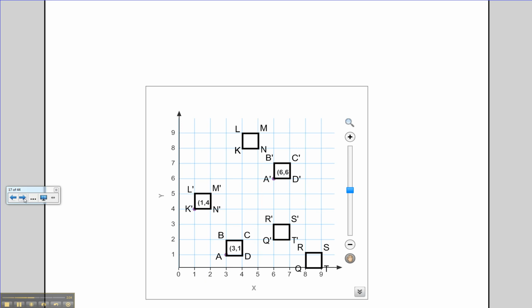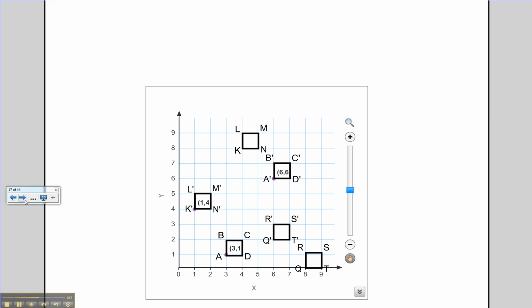Next, it asks us to describe the rule used to translate QRST to Q', R', S', T'. What we'll find here is that if we take one dot, such as R, and we find how to get to R', we will see that it goes over 1, over 2, up 1, up 2.